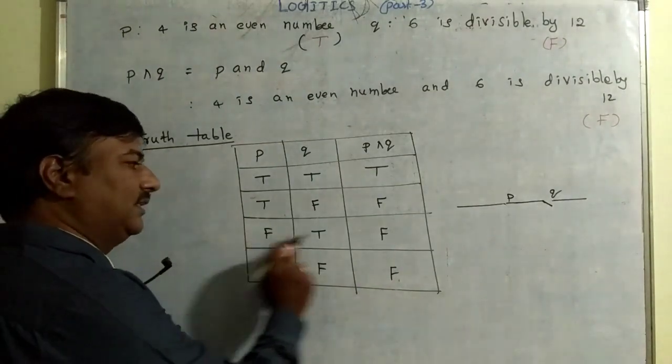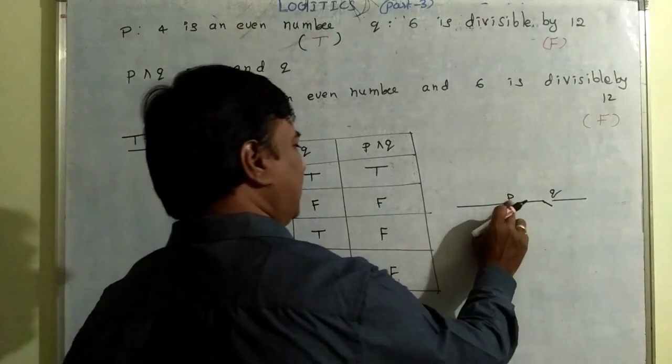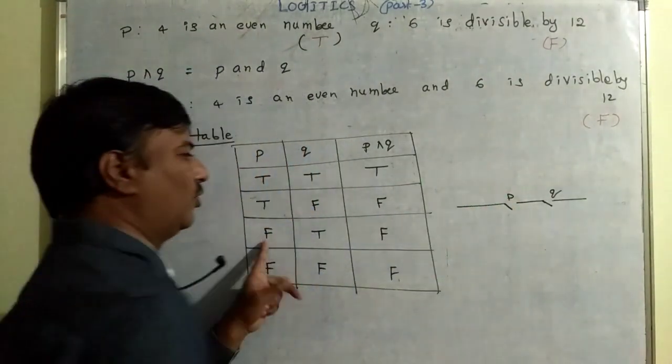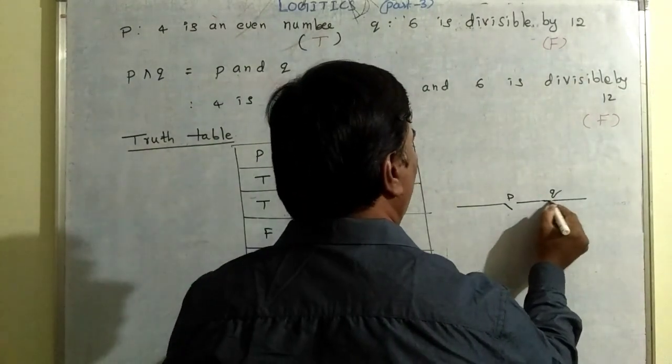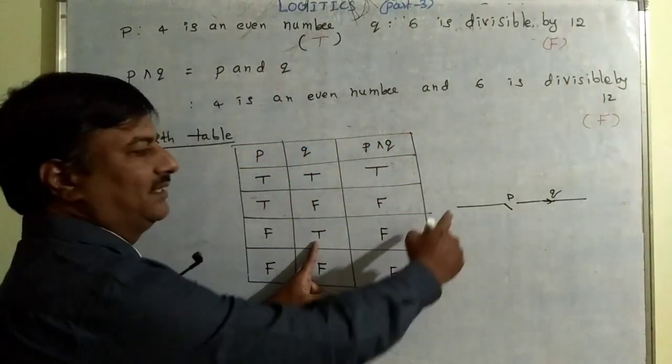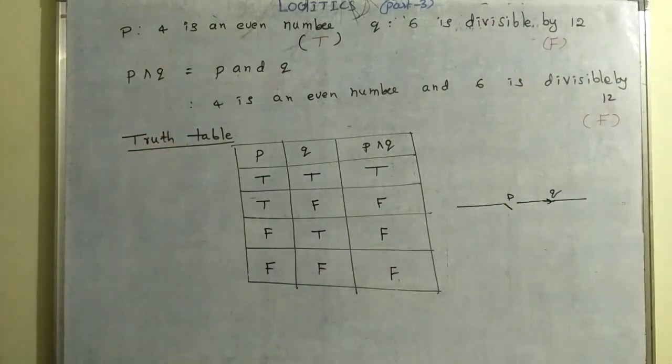Let us go for the third case here. P is open and Q is true, true meaning closed. So the current doesn't pass because it is connected in series combination.